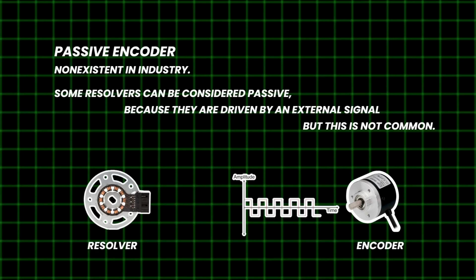There is a lot to say about them. Maybe we'll make a video comparing them. Just a little tip: the resolver can work in harsh industrial environments, and it costs less than an encoder.